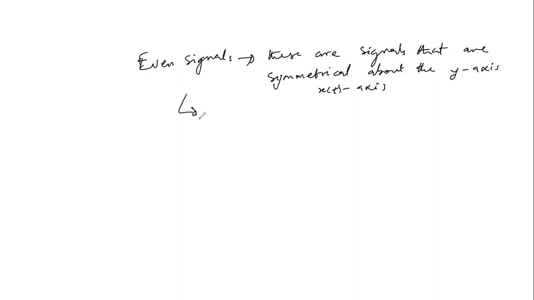What this implies is that the time reverse version of the signal is the same as the original signal. So mathematically, when the signal remains the same on performing the time reversal operation, then it is an even signal.